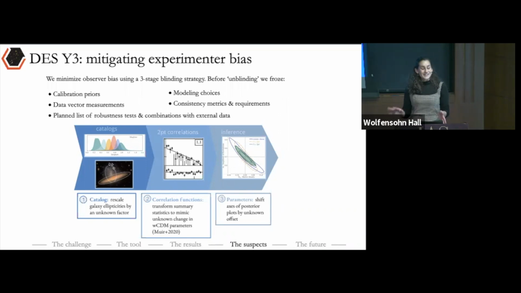We couldn't look at the internal consistency of our three measurements until we were absolutely finished and got 250 people onto a call to look at it with us. So you can imagine that this was the source of many, many nightmares for a long time. Looking back, I think blinding was a very extreme choice. I think it is something we're thinking about for Year 6 because it makes you go a lot slower, but I think it adds to the robustness of our results in the end.